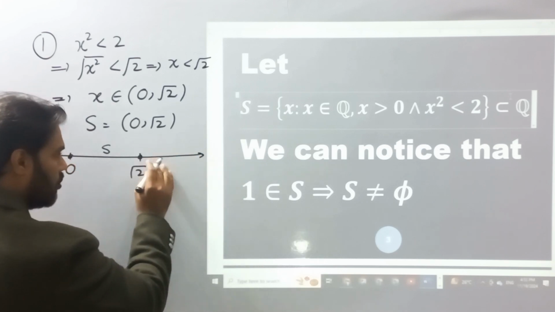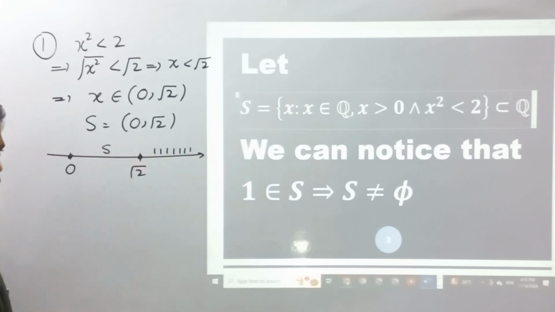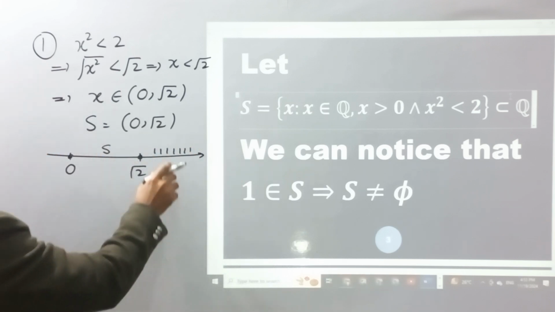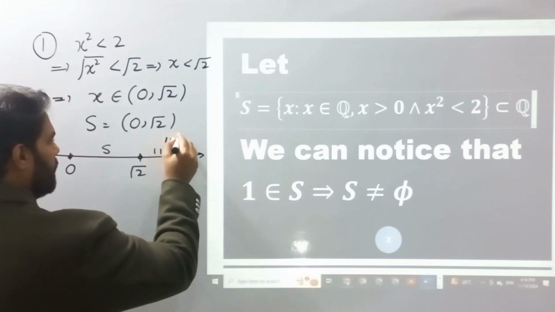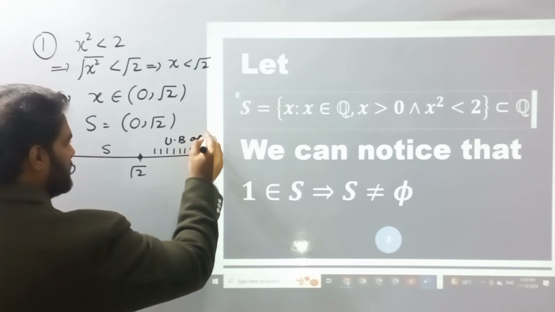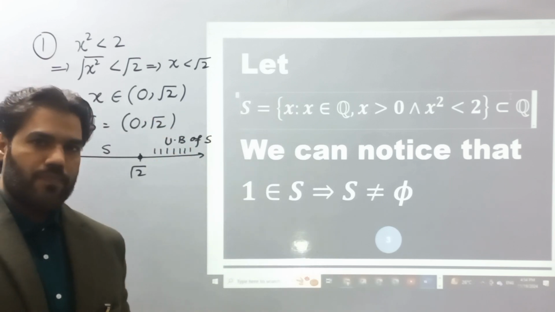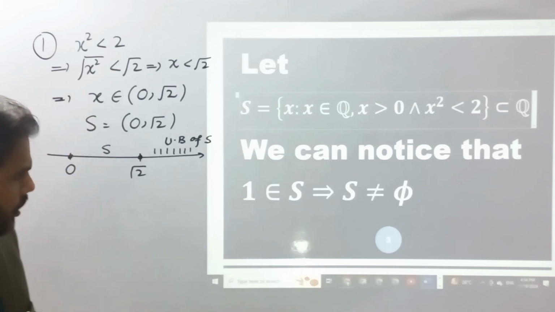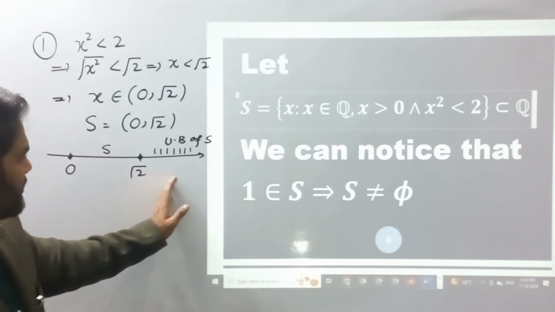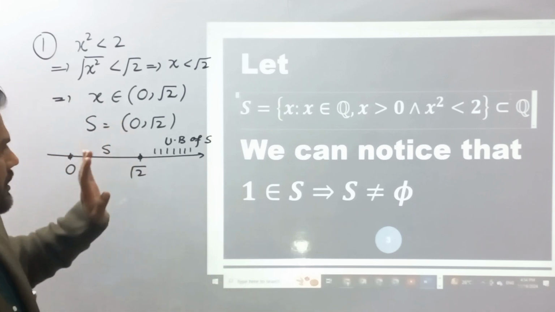Elements outside this interval show the upper bounds of set S. So all the elements to the right side of square root 2 are upper bounds of set S. You know, an upper bound is an element that is greater than every element of set S.